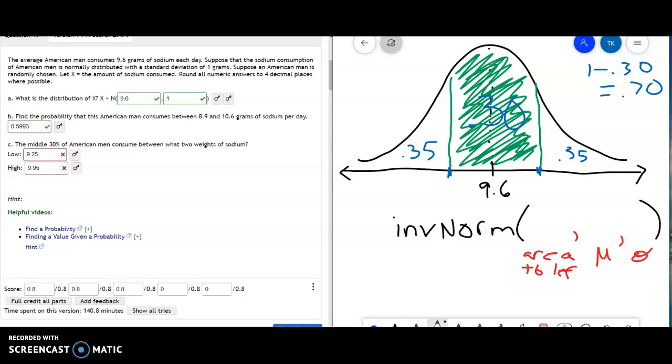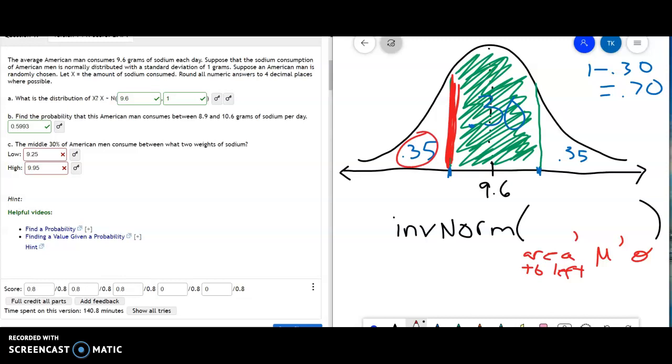Okay, now our job is to find my two little blue numbers along the number line. Let's do the one here first. If I want to find that red line, I need to use inverse norm and put in 3 values. The first value is the area under the curve to the left of that red line, which is this 0.35.